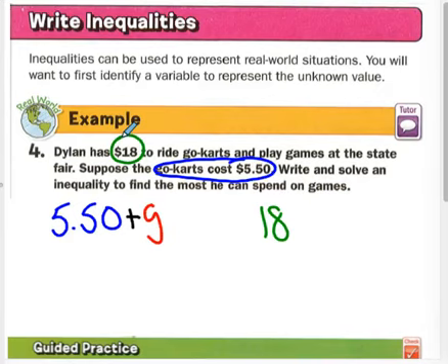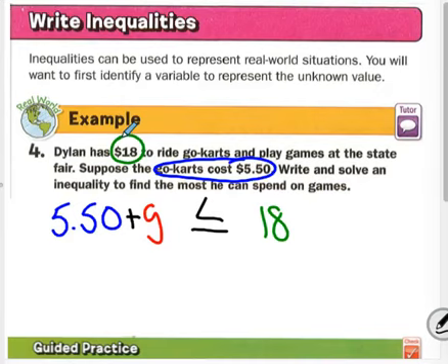That means this amount could be equal to 18, or it could be less than 18, right? Because he could spend $17, that would be fine, because he's got 18 in his pocket. But if the cost of his go-karts and his games is $19, then he's out of luck, he's going to be short, and he's going to get a grumpy go-kart manager on his case, all right?